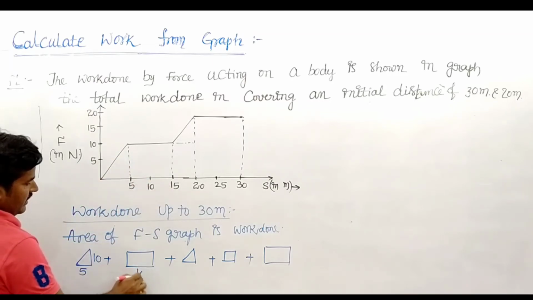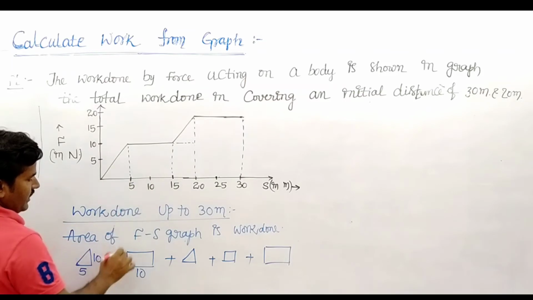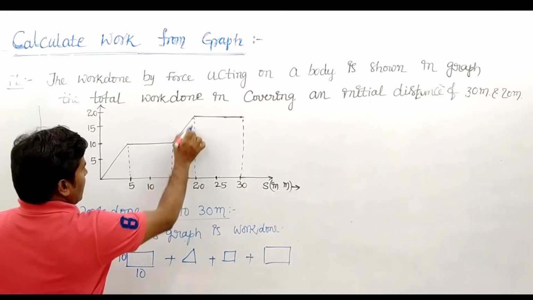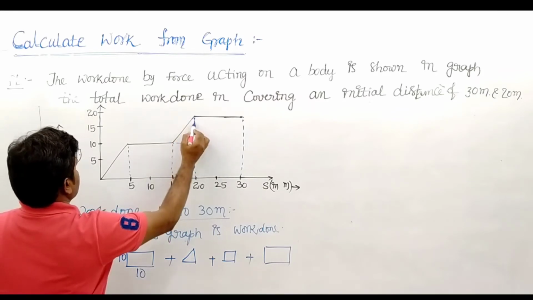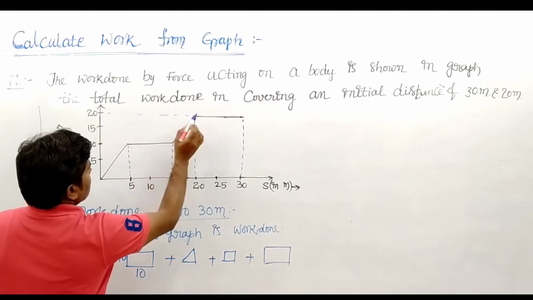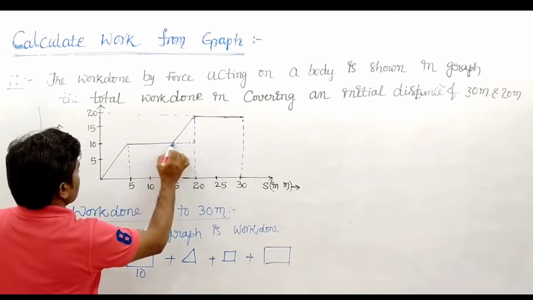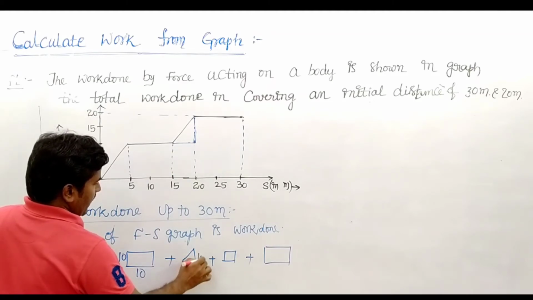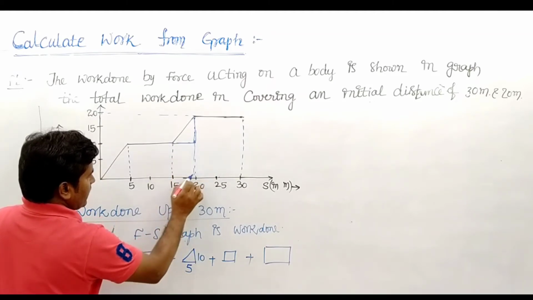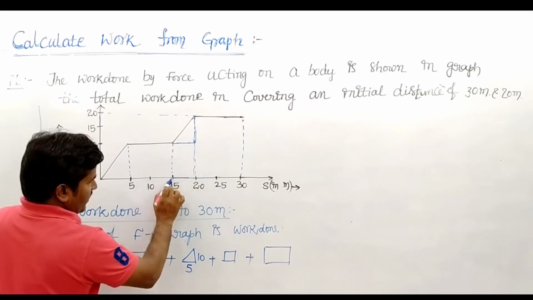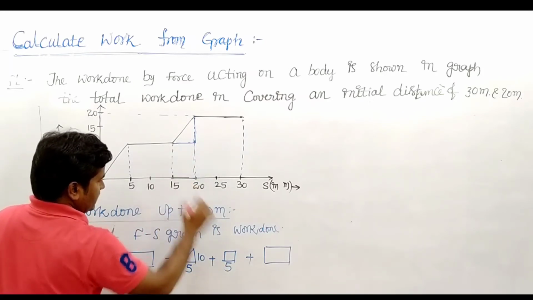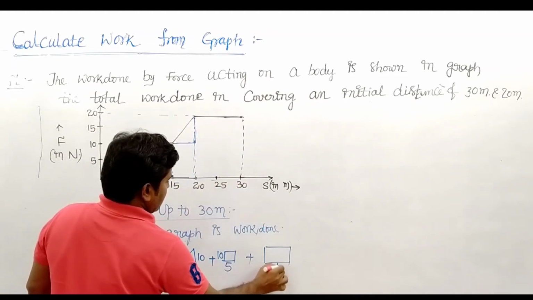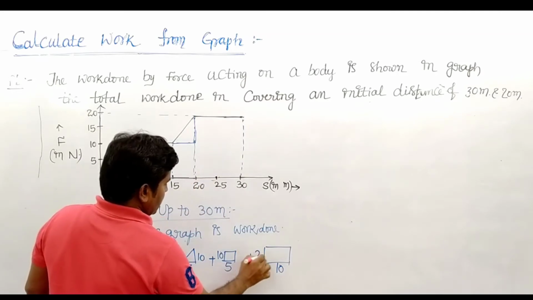Then the rectangle: the base is 5 and the height is 10. After this is another rectangle, where the base is 10 and the height is 20.